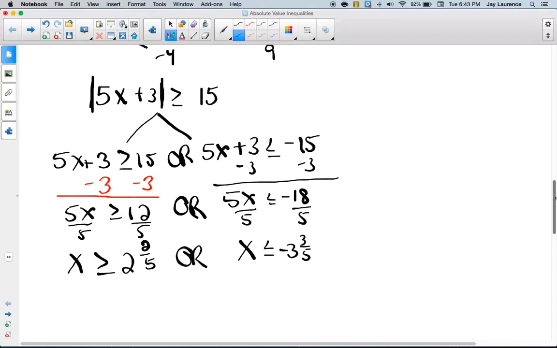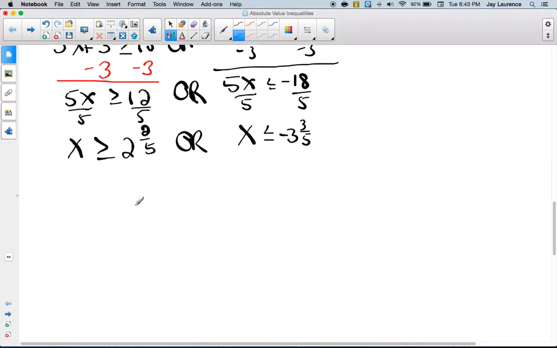Okay, let's go on a number line and see what this looks like. So get my number line out. Okay, and I'm going to have to show negative 3 3/5. I'm going to show positive 2 2/5, right? These will be closed points because the 2 2/5 and the negative 3 3/5 are solutions to the inequality, right?